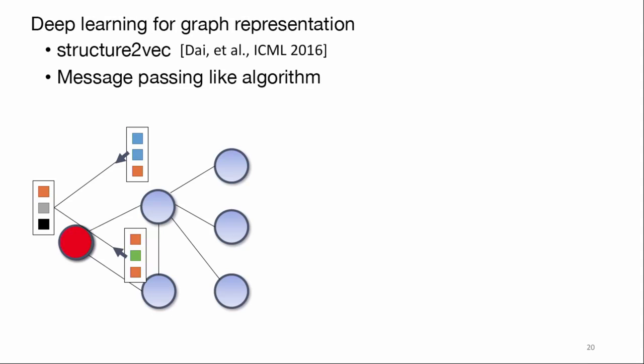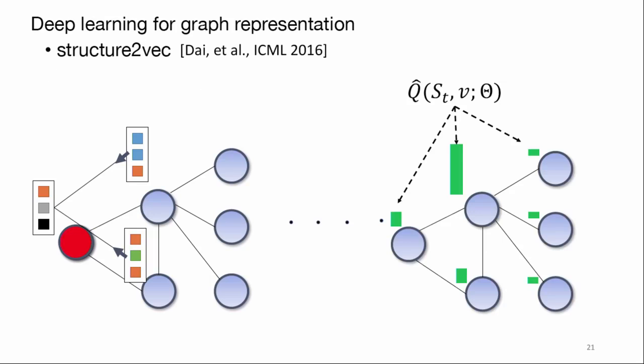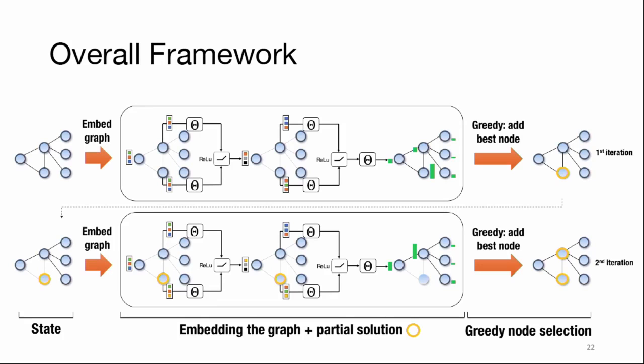The graph structure2vec is a message passing-like algorithm where the node representation is updated iteratively using a nonlinear function of the neighborhood representation. And in the last layer, it predicts the Q value on each node. And this is the overall learning framework. It is efficient since it can be executed in polynomial time.